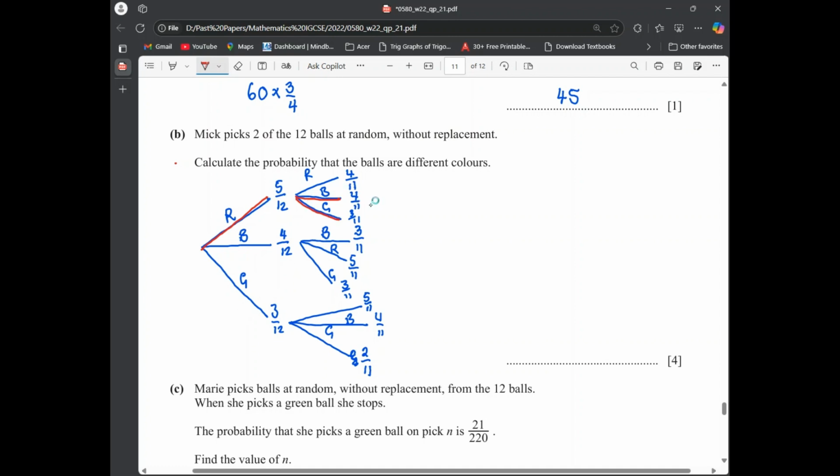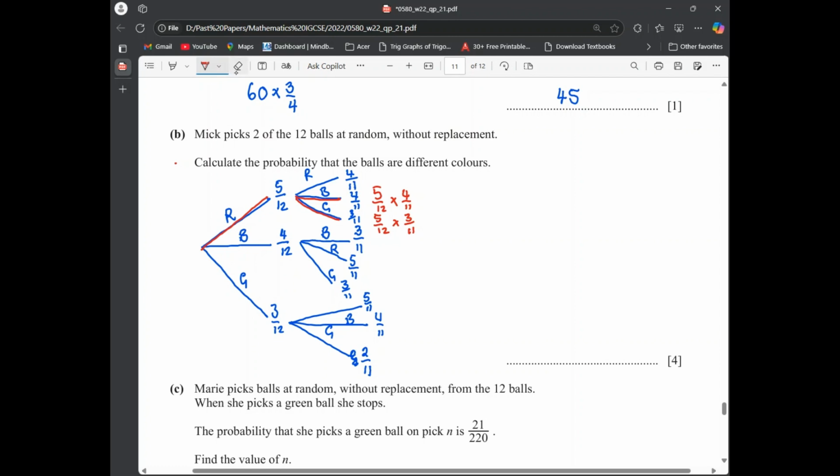So the red and blue first, that's going to be 5 out of 12 times 4 out of 11. Or if he picks red and green, that's 5 out of 12 multiplied by 3 out of 11. Right. That's from the first 2 picks if he picked a red ball first.